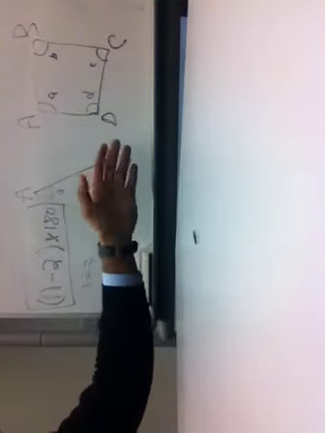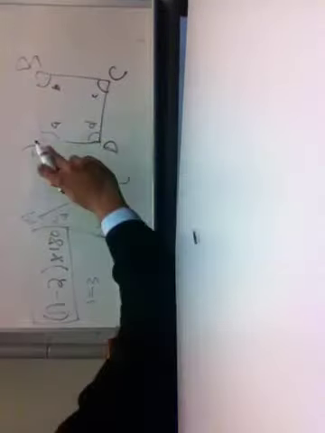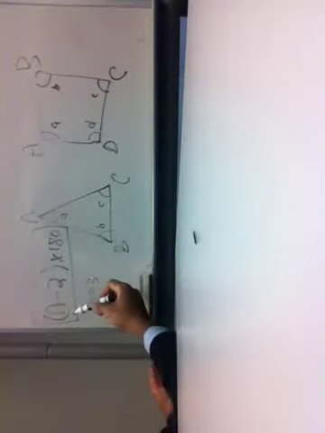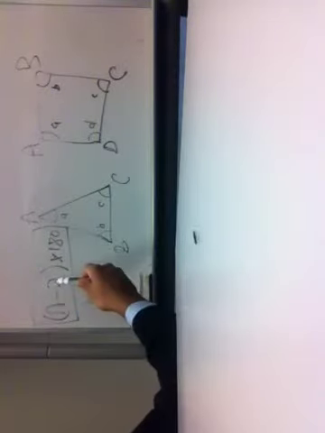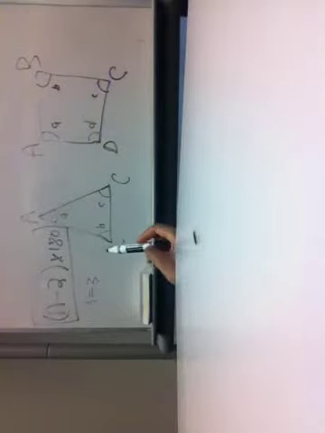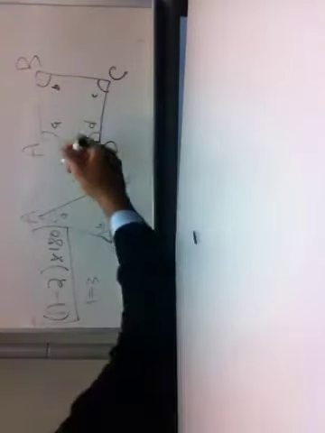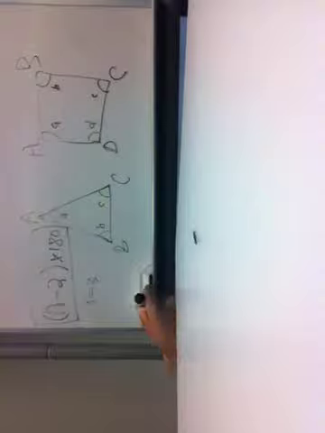Now if we take the same concept and apply it to a square, you have four sides. So if we put it into the formula, 4 minus 2 is equivalent to 2. 2 times 180, if you plug it into the calculator, is 360 degrees. So the sum of the angles of a square is 360 degrees, and the sum of the angles of a triangle is 180 degrees.